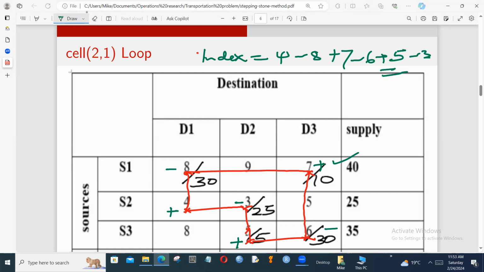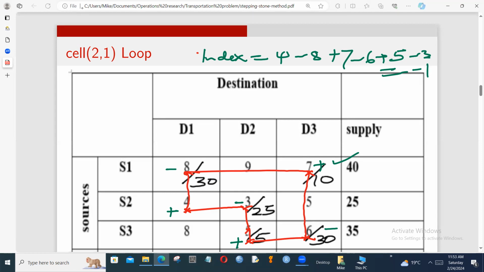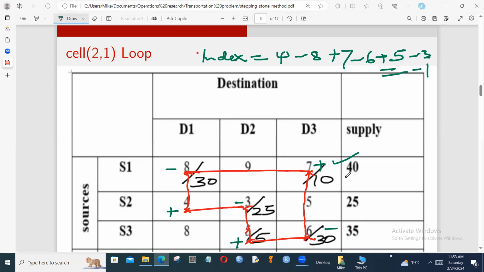So this will be the improvement index, which gives us a value of what? What's the improvement index in this case? Minus 1. Yes. So that's the improvement index for cell 2-1.